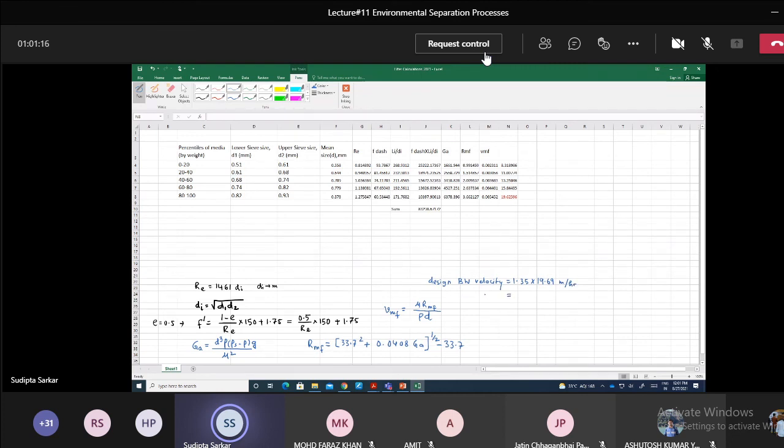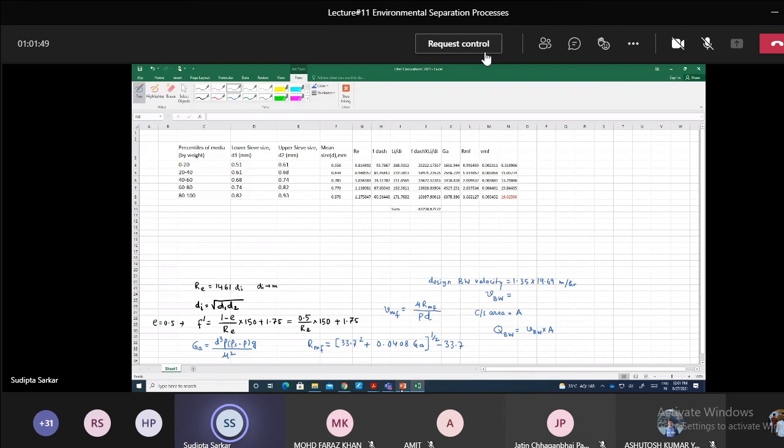And so as you know, the design backwards velocity or VW, you can find out the filter. If you have this cross-sectional area of filter as A, then you can find out the backwash flow rate equals to VW times A. So this is how we can find out this.